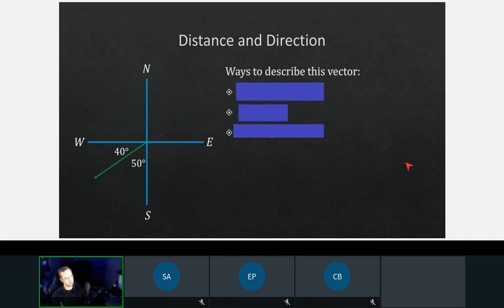All right. In chat, go ahead and see if you can write one of the ways. So Jacob wrote all 3 ways. It looks like Emily says 40 south of west, but Jacob says 40 south of east.